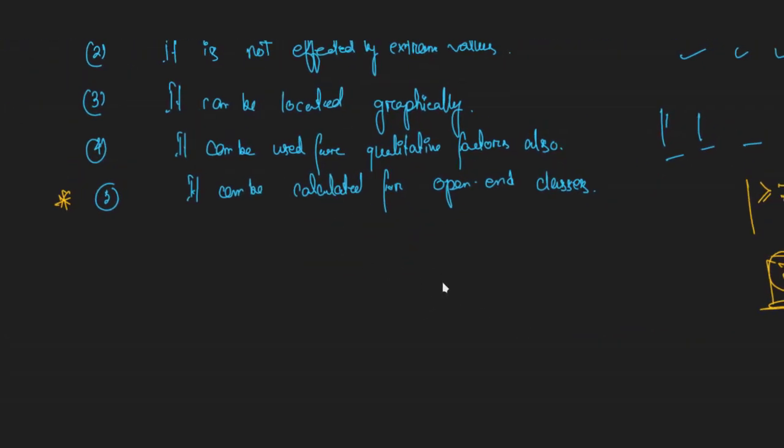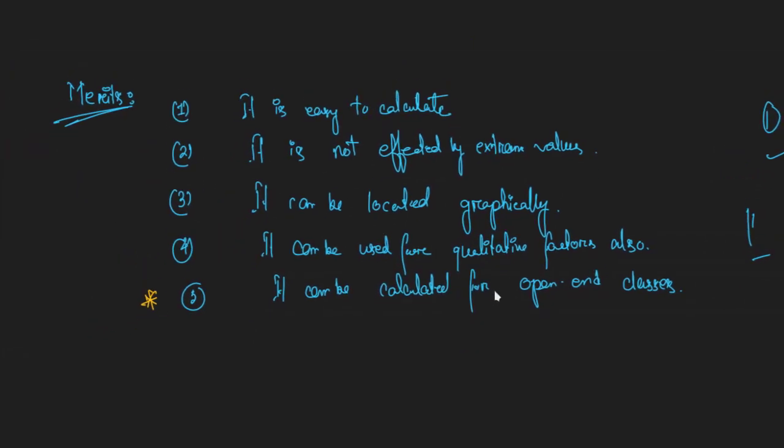It can be calculated for open end class. This is a point that you should remember. Suppose your data is given in a table, and the table has an open end class interval. Open end means either there is no lower limit or no upper limit, just one value is given, like less than 10, or more than 70, or more than 50.